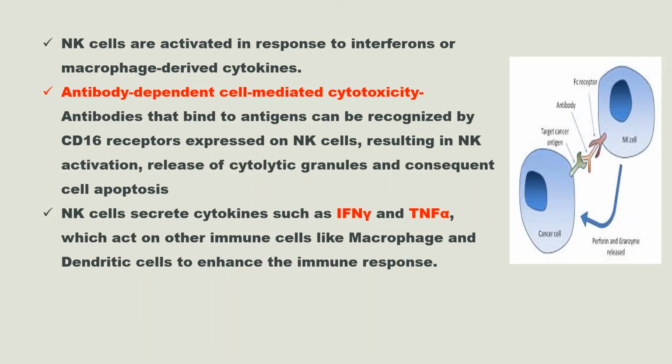So here on the surface of the NK cell, receptors called CD16 are present that will bind to antibodies that are already bound to an antigen. The CD16 on the surface of the NK cell will recognize the antibody bound with the antigen, and that will result in activation of the NK cell.